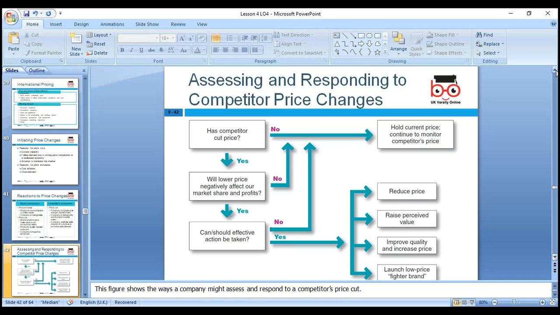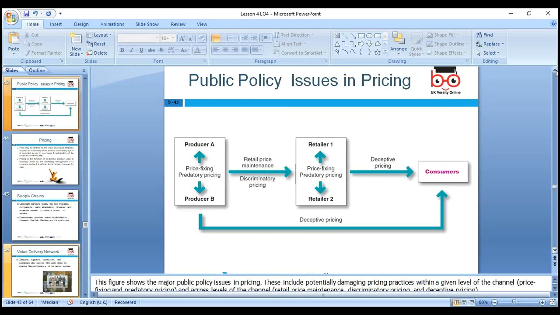Assessing and some recommendations we can go through, and we can ask some questions. Can we reduce the price or not? On public policies and pricing, price fixing: we can't really fix the price, which is illegal.